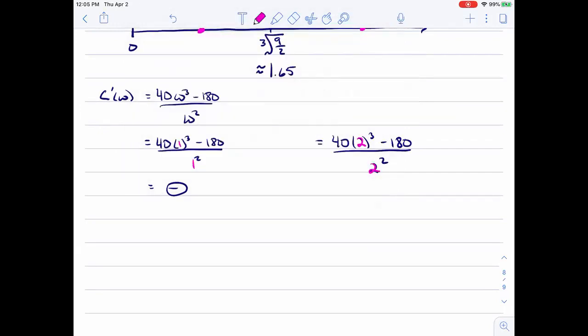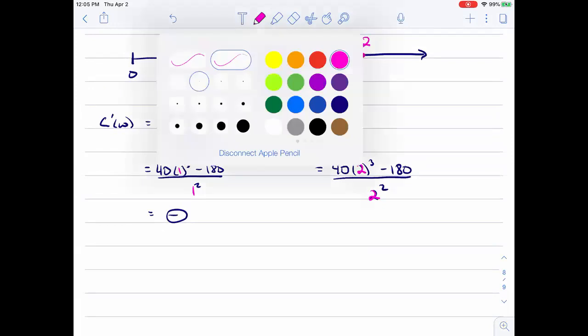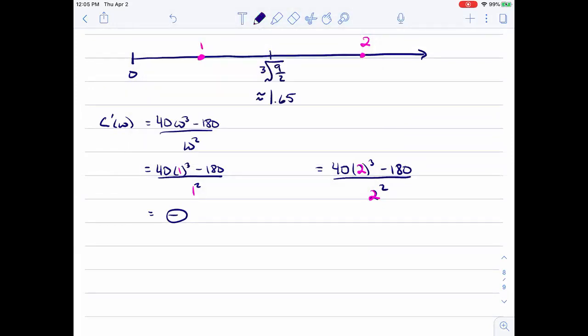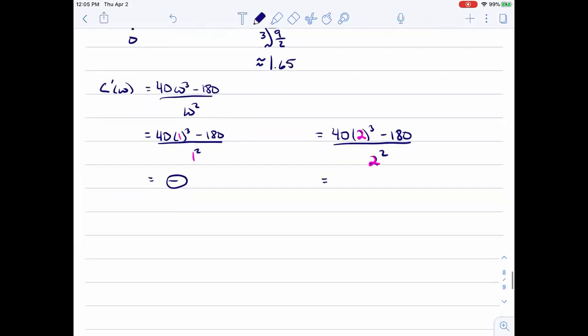So when I do this, I get 2 to the power of 3 times 40, which is 320, minus 180, so it gives me a positive over a positive. So I get a positive value.